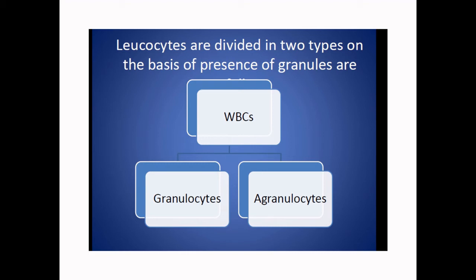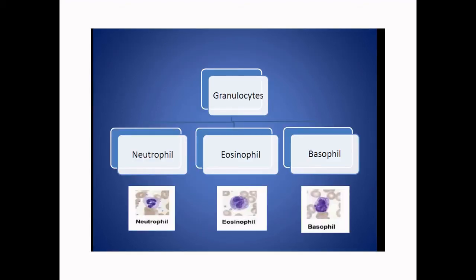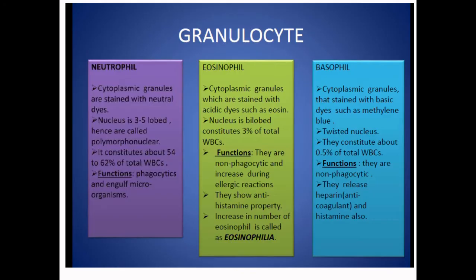Now, based on the presence of granules, they can be divided as granulocytes and agranulocytes: the neutrophil, eosinophil and basophil. In neutrophils, the cytoplasmic granules are stained with neutral dyes.